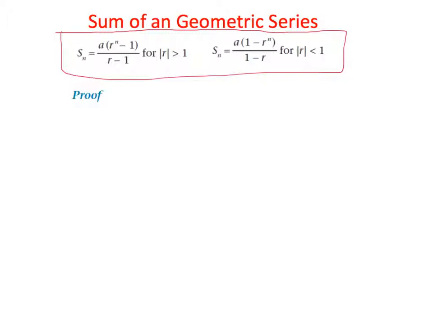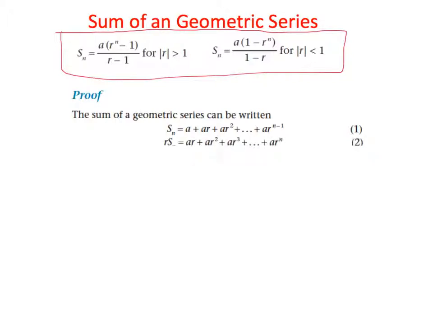Now I'll go through the proof of where these formulas come from. If we say that the sum of n terms is A plus AR plus AR squared, all the way up to the nth term, which is AR to the n minus 1, then if we multiply everything by R, we get this equation. If we subtract equation 2 from equation 1, we get this.